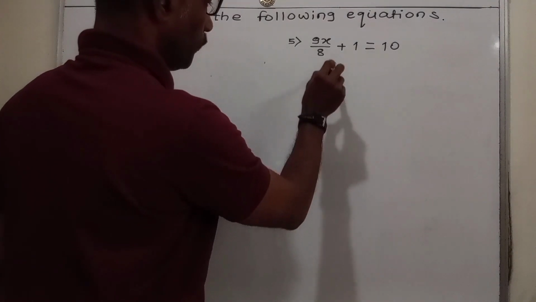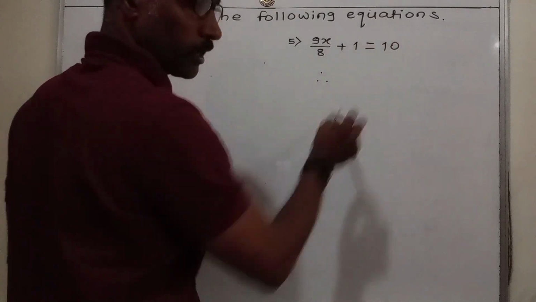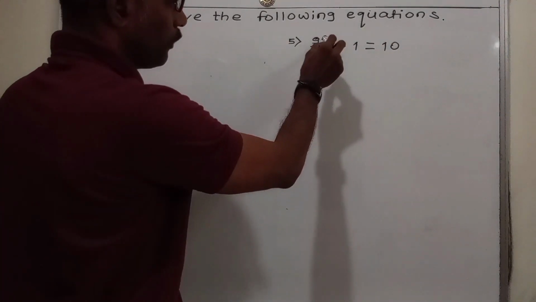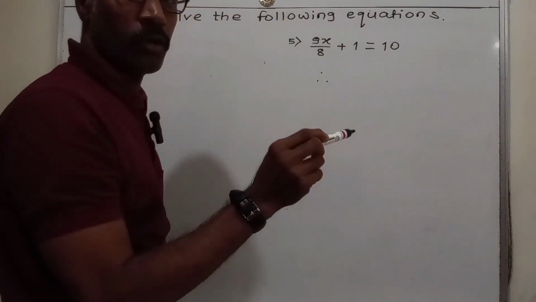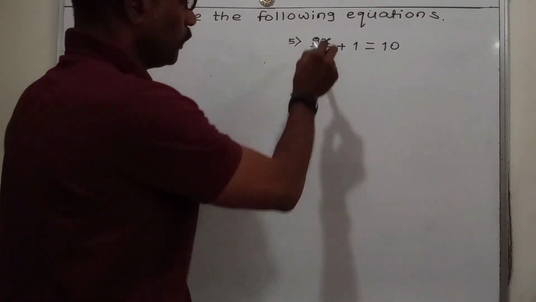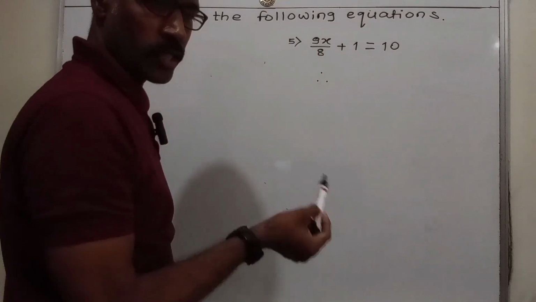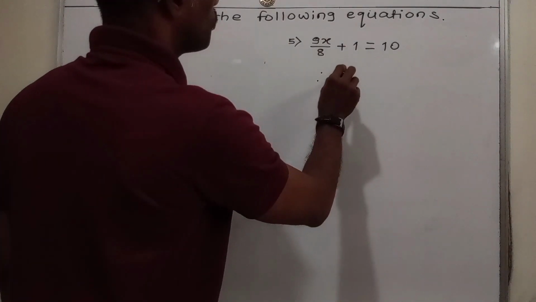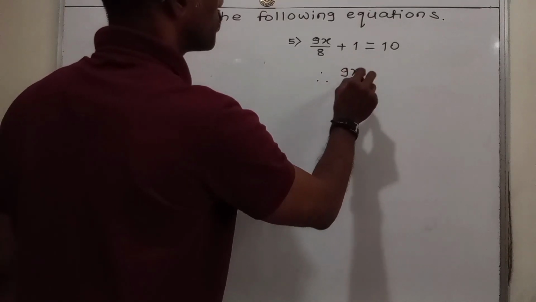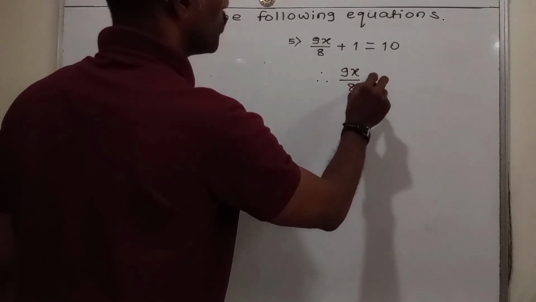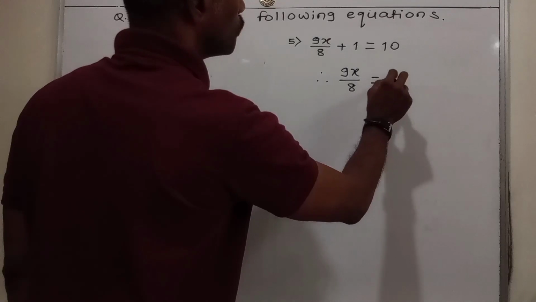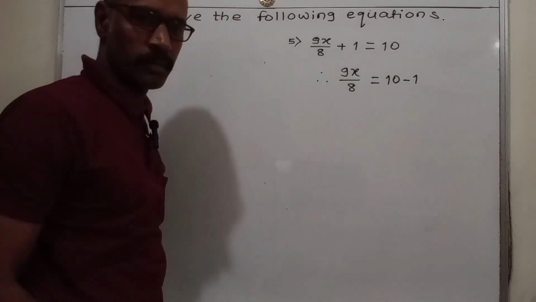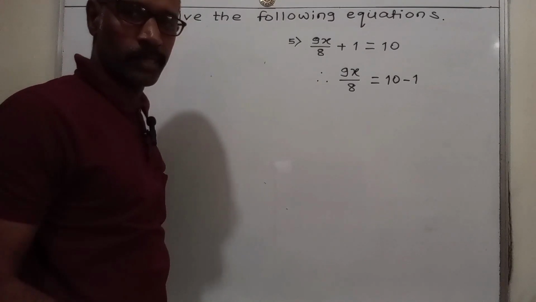Therefore, we take these together, and I have told you many times, we want the variable always positive. Here that is positive, no sign, means which sign? Plus. So keep this as it is. 9x upon 8 is equal to 10 minus 1, plus becomes minus 1.